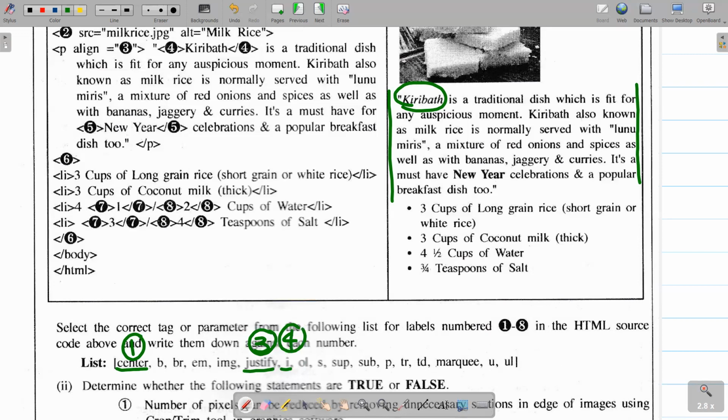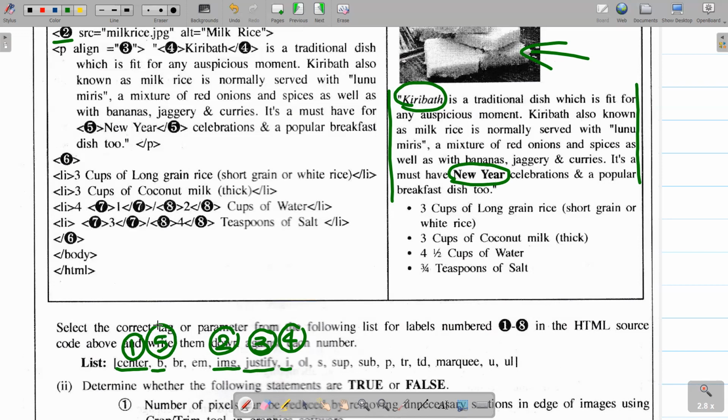But I missed over here, that is img for this particular image. So this is going to be the second. Right, and fifth, new year. This is being bolded, so we need B. The fifth.